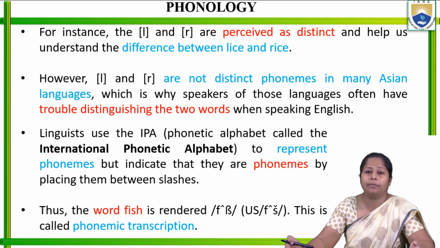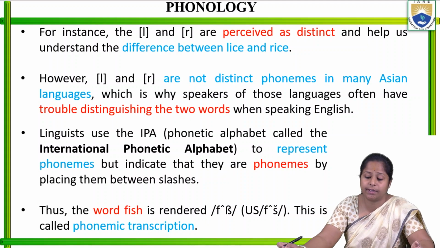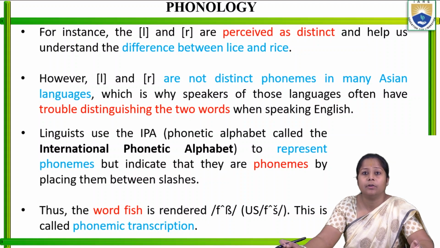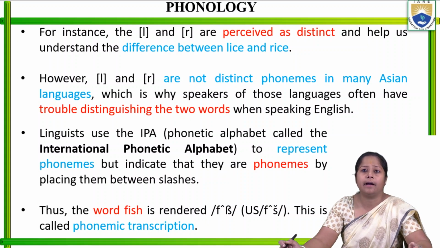Now, for example, L and R are two letters that will be perceived as distinct by the speaker, and that helps the speaker understand the difference between lies and rise. So that is actually a study of different sounds, or we can say different acoustics, by different speakers. Now, L and R are not distinctive phonemes in many Asian languages.